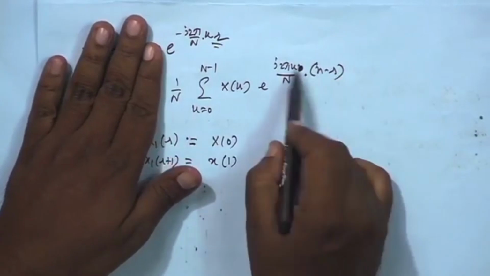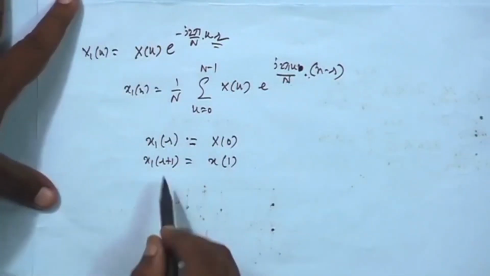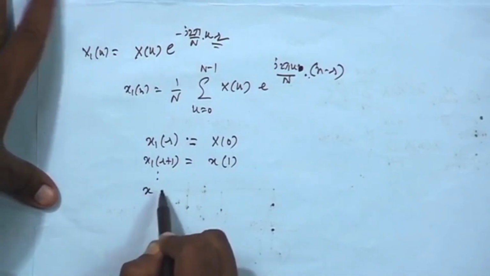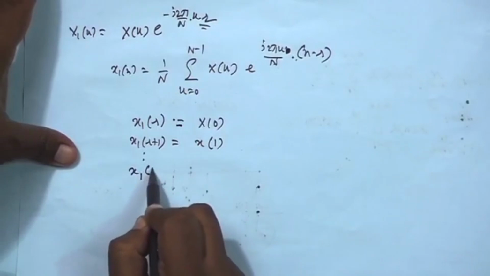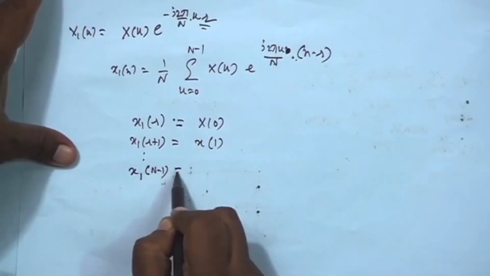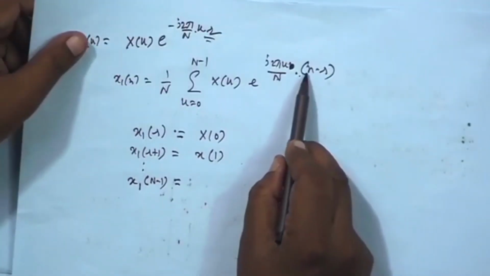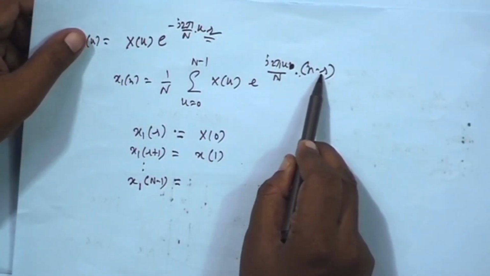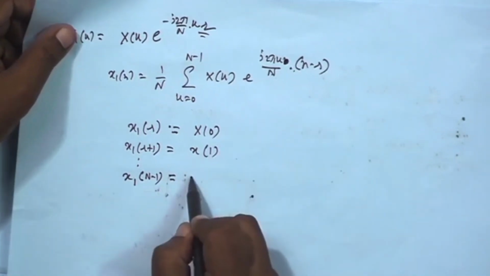If you have this with e to the power j 2 pi k by n into 1, this will give you x 1, and so on, up to x 1 at n minus 1. If you have n minus 1, you should have n minus 1 minus r.